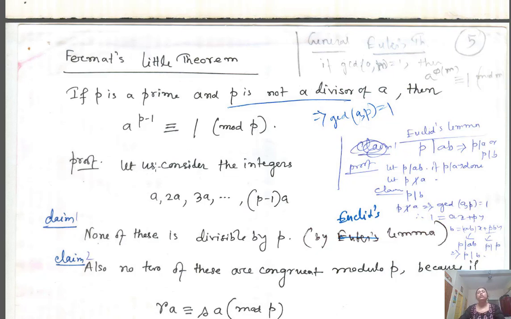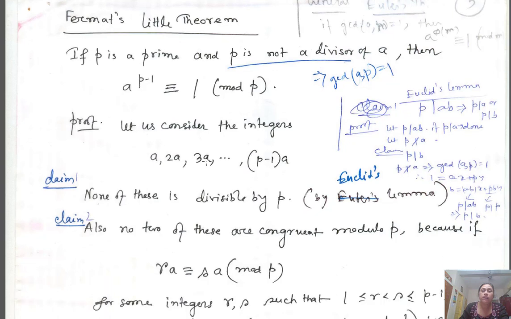Okay, so to prove that, we consider the integers A, twice A, thrice A, up to P minus 1 times A. The first claim is none of these elements are divisible by P. It actually comes from Euclid's lemma.